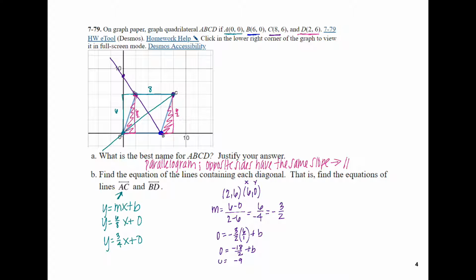When I use my inverse operations and add my 9 to the other side, I get my b, which you can see is your y-intercept. Then to write the equation of line segment BD, you have y is equal to our slope, which we found using our 2 points, negative 3/2 x plus 9. Remember, there's a few ways to do that, but algebraically, this is the way to go.